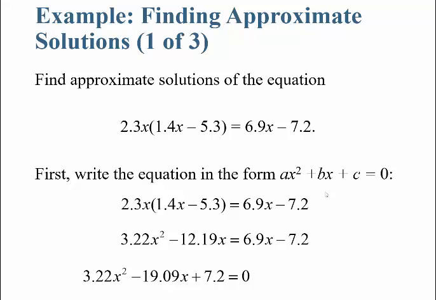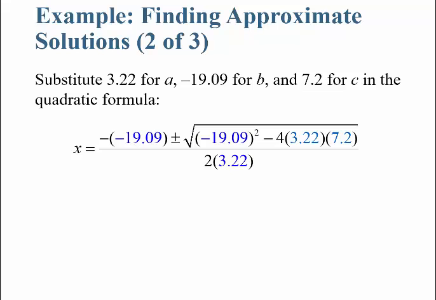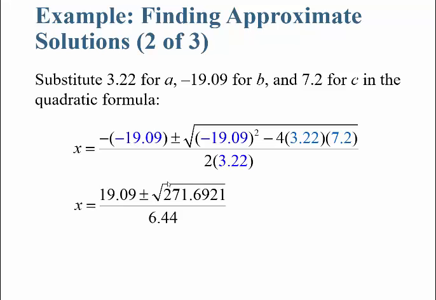Now it is in that ax squared plus bx plus c form. So all you're going to have to do is substitute 3.22 in for a, negative 19.09 for b, and 7.2 for c into this quadratic formula. Once you get it here, you're just going to use your calculator to help you solve it. If you plug negative 19.09 squared minus 4 times 3.22 times 7.2 into your calculator, you get this number.